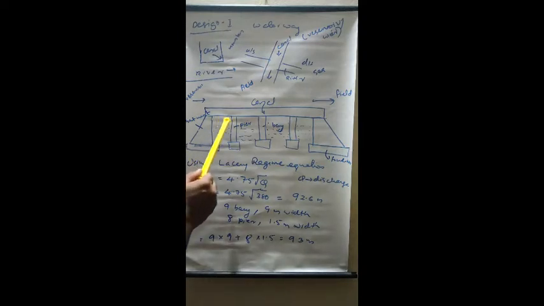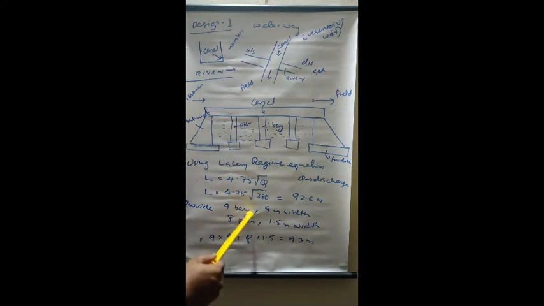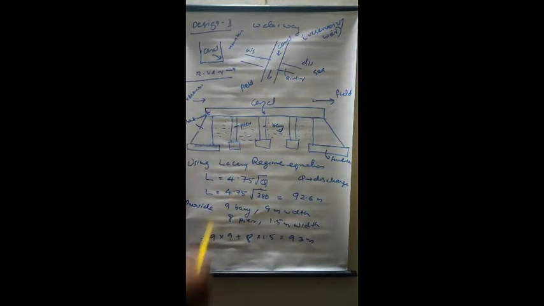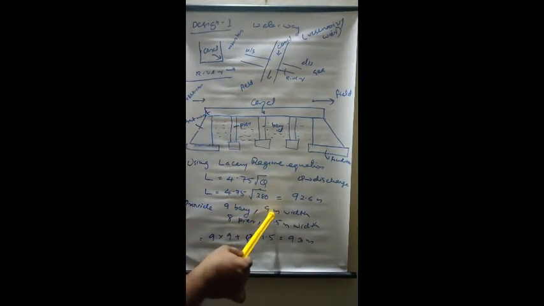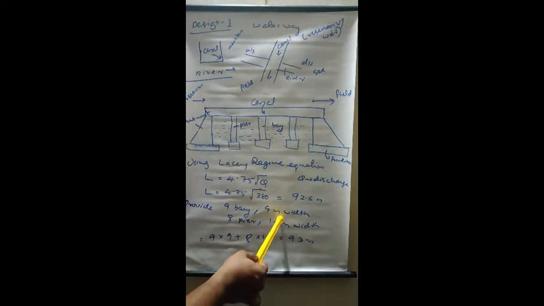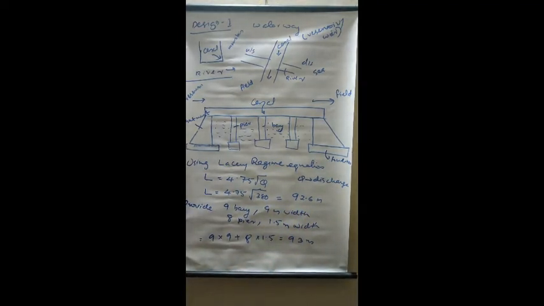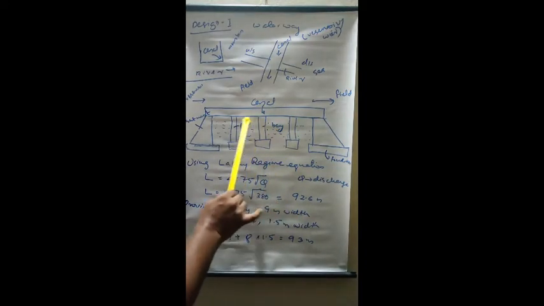So here we are providing 9 number of bays. You forget about this figure. Here we are going to provide 9 bays, and each bay is having 9 meter width. So in between the bays, we need to provide piers.